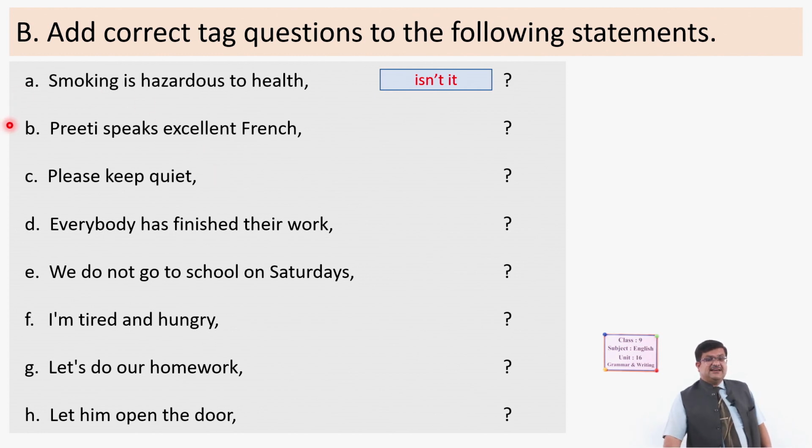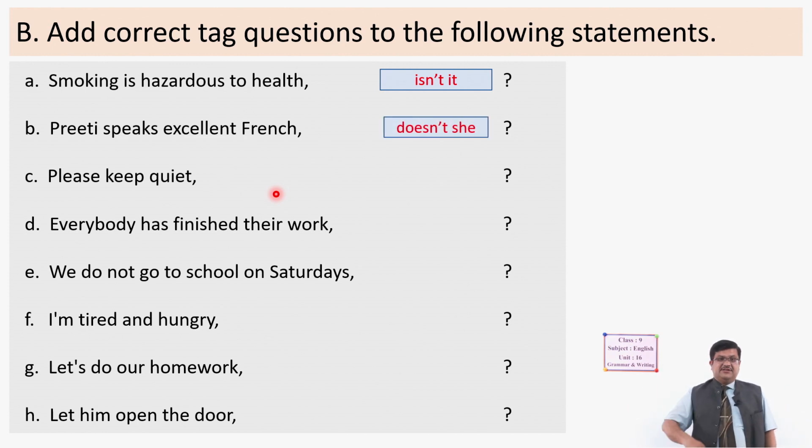And Preeti is a subject here. And you simply notice that the sentence itself is what? Affirmative. So our tag must be what? Negative. So now guess, what is your answer? Very good. The answer is doesn't she.